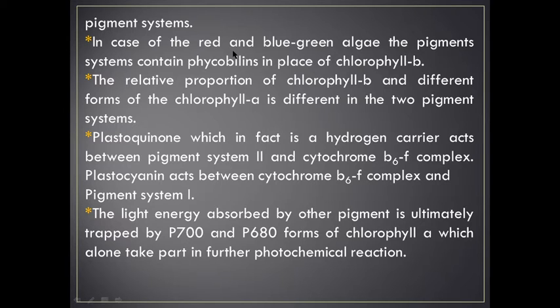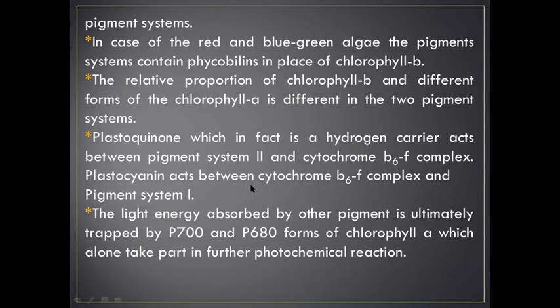In case of the red and blue-green algae, the pigment systems contain phycobilins in place of chlorophyll B. The relative proportion of chlorophyll B and different forms of chlorophyll A is different in the two pigment systems. Plastoquinone, which in fact is a hydrogen carrier, acts between pigment system second and cytochrome B6F complex.